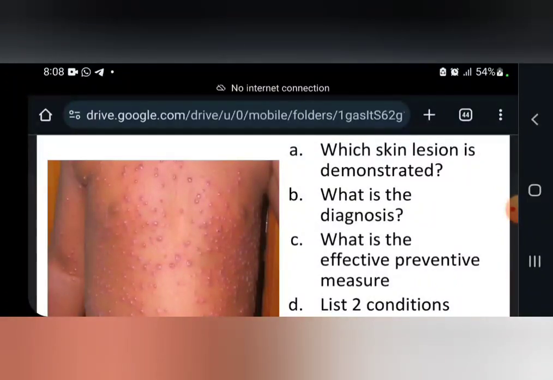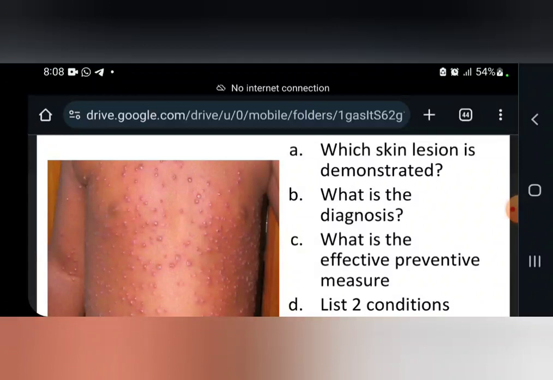A papule is a raised lesion. When you have pimples, that's what you call them, but the medical term is papule. You don't say pimples in medicine. So a raised lesion that is less than 1 centimeter is called a papule.